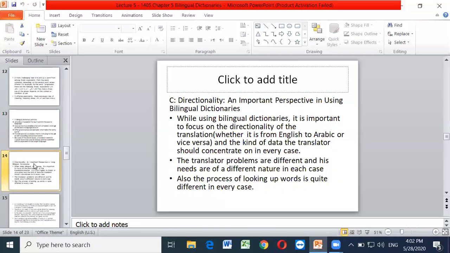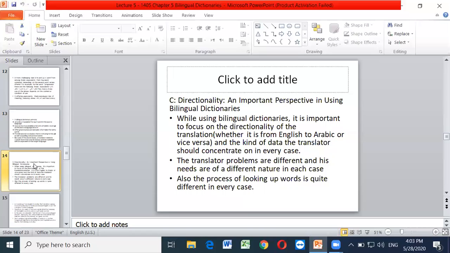While using bilingual dictionaries, it is important to focus on two main points: the directionality of the translation, whether it is from English to Arabic or vice versa, and the kind of data the translator should concentrate on in every case. So the data you are concentrating on when you are handling an English to Arabic dictionary is different from the data you are focusing on when you are handling an Arabic to English dictionary.